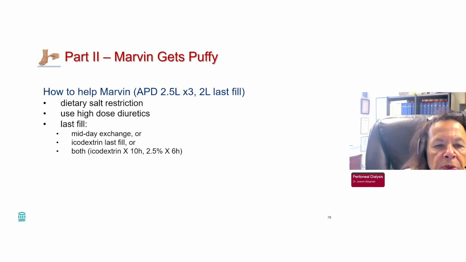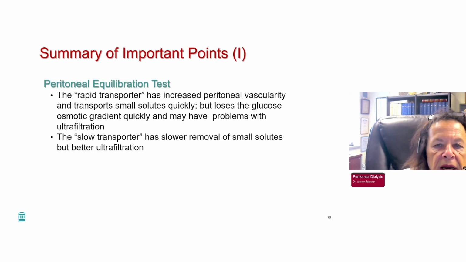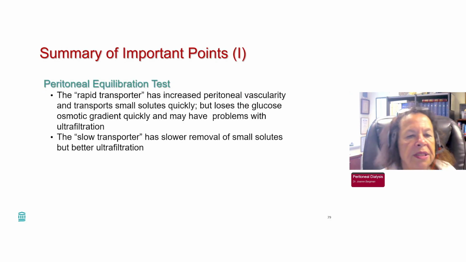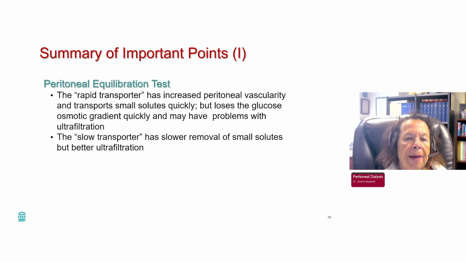So how can we help Puffy Marvin? Salt restriction, high dose diuretics, and try to increase ultrafiltration in the ways that I described. So in summary, the rapid transporter has increased peritoneal bed capillary vascularity and transports small solute more quickly.